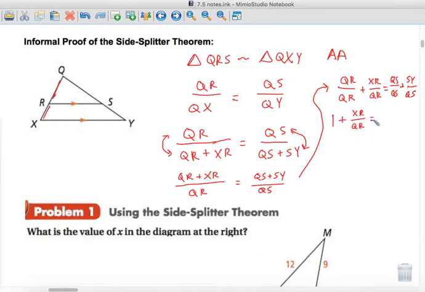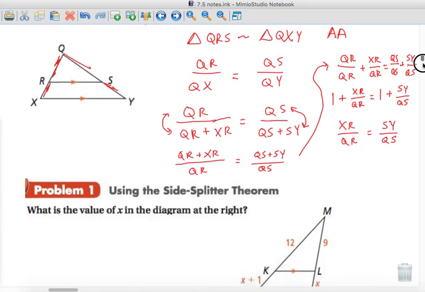Do you see where I'm going with this? QS over QS is still 1 also, plus SY over QS. Subtract the 1 on both sides, and you end up with XR over QR equals SY over QS, which is the side splitter theorem, saying that these sides, or rather the split sides, all 4 of those are proportional. Alright, hope you enjoyed that proof.